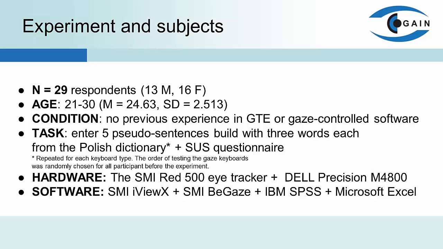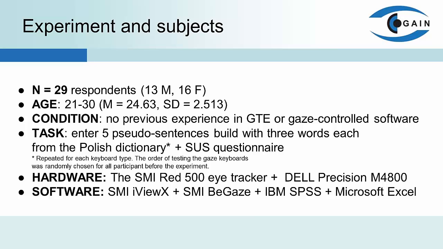All respondents were asked to enter 5 pseudo-sentences built with 3 words each from the Polish dictionary, that were also used for the letters and words suggestion algorithms. This was repeated for each keyboard type. The order of testing the gaze keyboards was randomly chosen for all participants before the experiment.